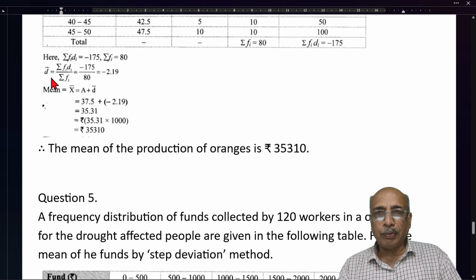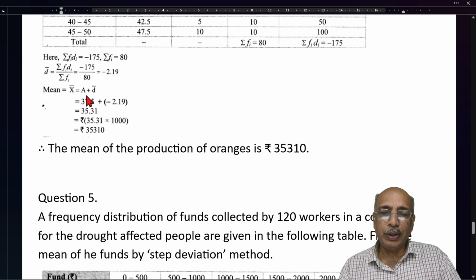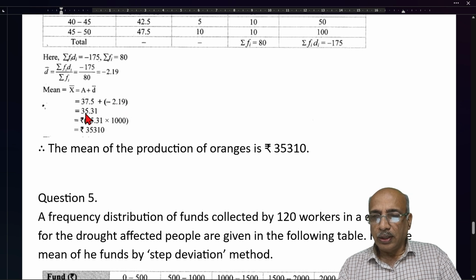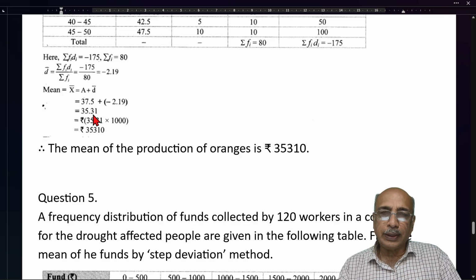Here d bar we have to calculate by applying the formula of mean, that is minus 175 upon 80 equals minus 2.19. So mean, x bar, equals assumed mean plus the value of d bar that you have calculated here. So 37.5 plus minus 2.19 equals 35.31.